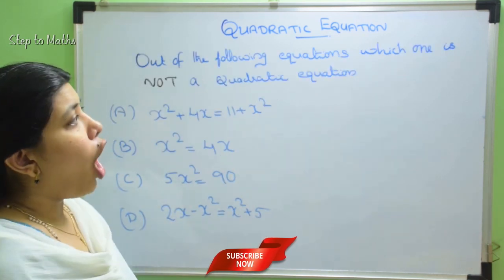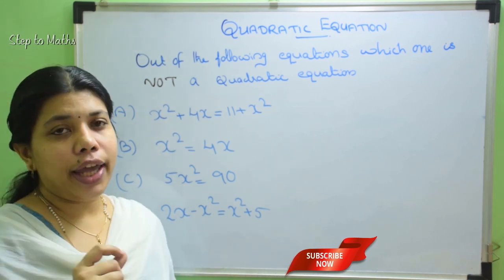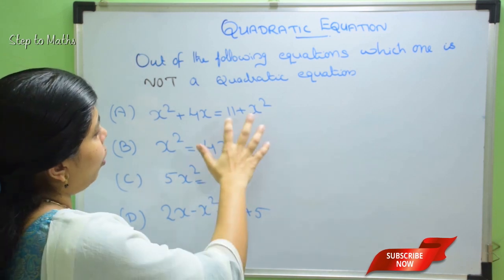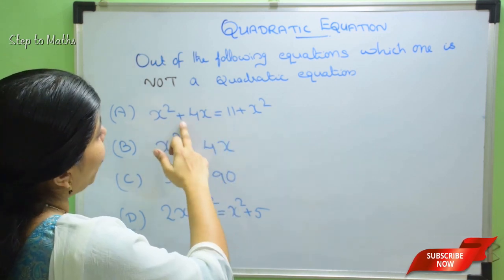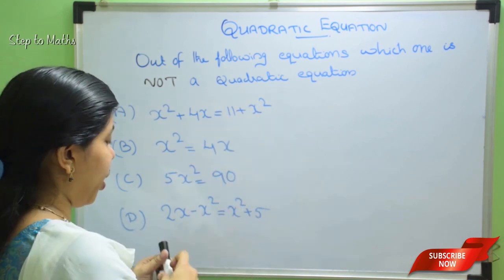Second question. Out of the following equations, which one is not a quadratic equation? Consider first one. x square plus 4x is equal to 11 plus x square.